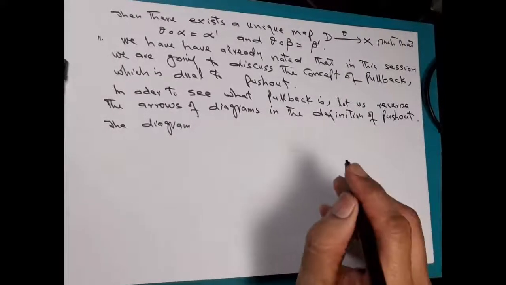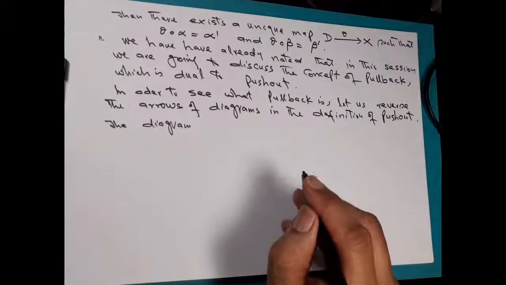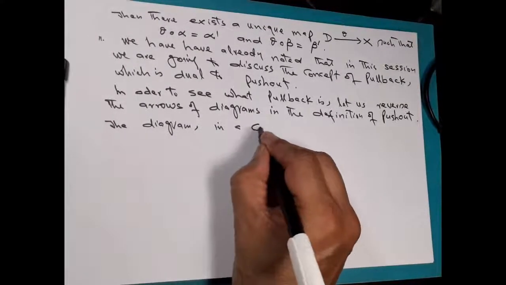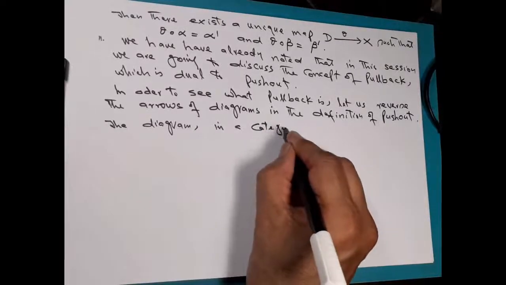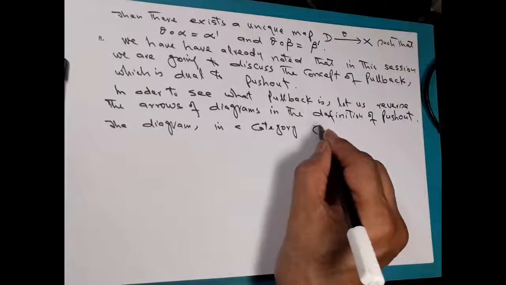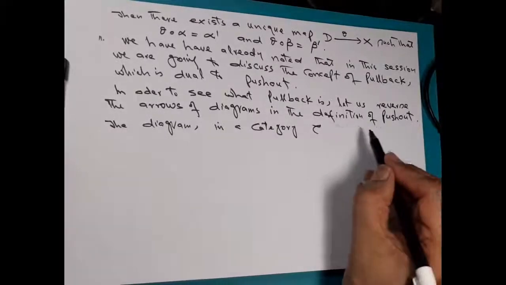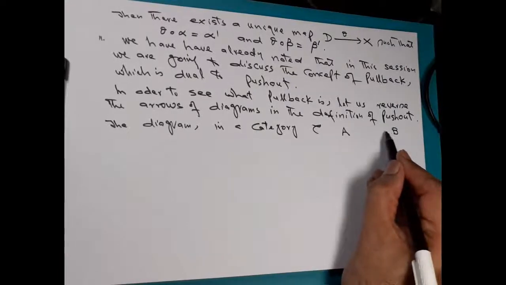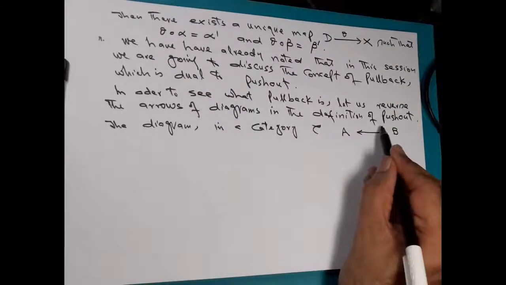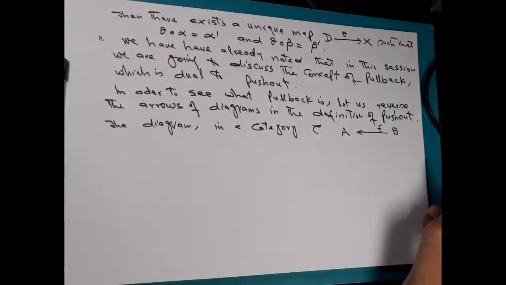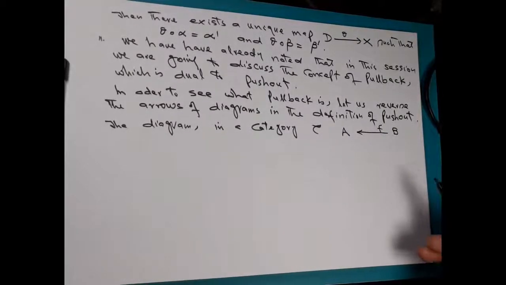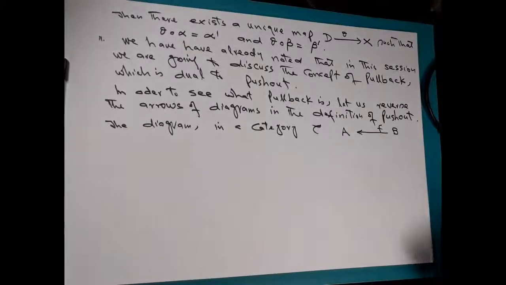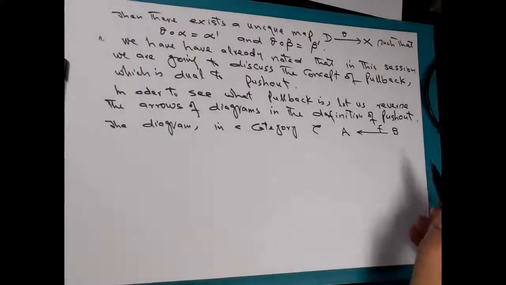So the diagram in a category C, let's draw the diagram. We have objects A and B and an arrow from B to A, F. It does not make a difference if we retain the same names as we used for push out, because this is a new definition, so F will have its own meaning here.